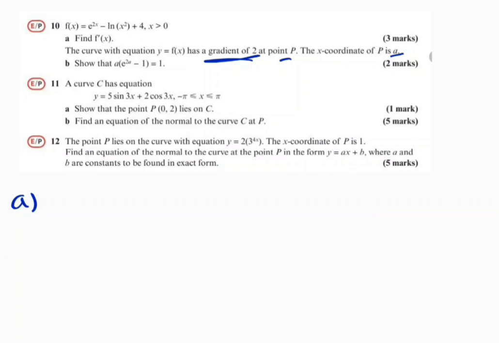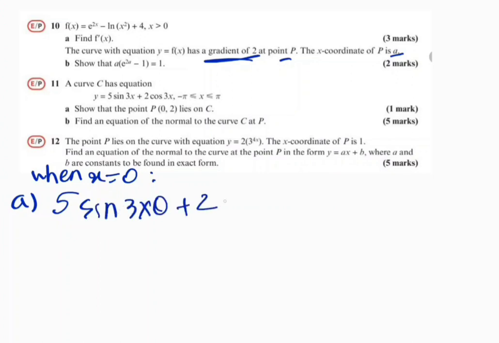Otherwise, it doesn't. So when x is equal to 0, we have 5 sine 3 times 0 plus 2 cos 3 times 0.